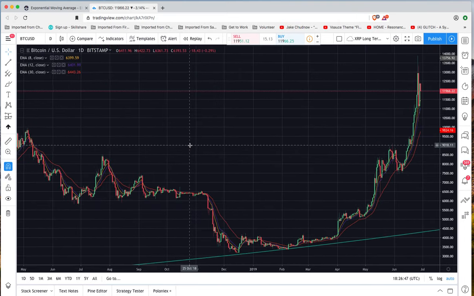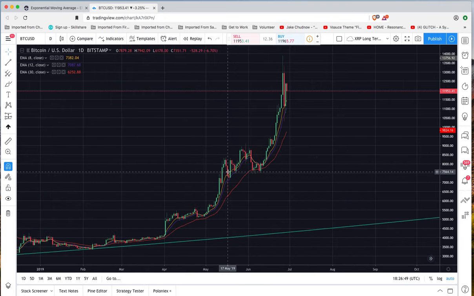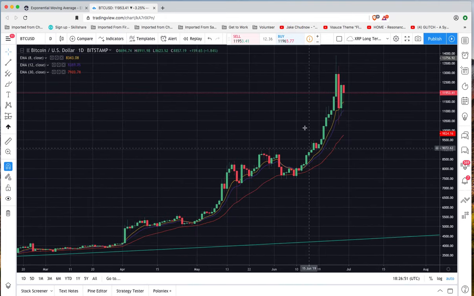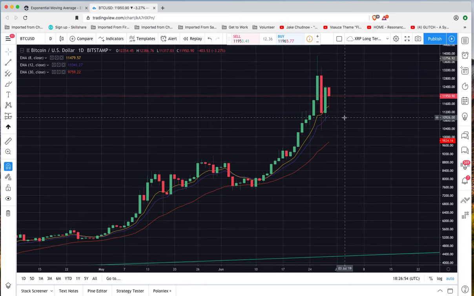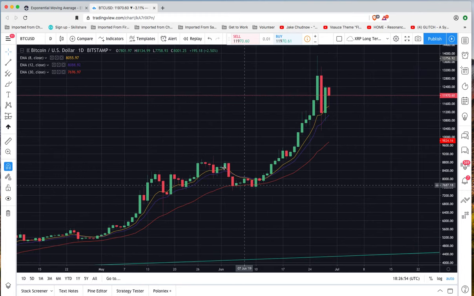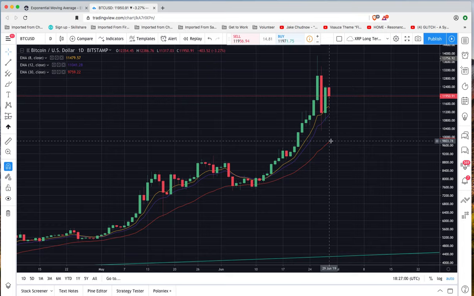And this one goes along pretty well here. As you can see, it kind of touches there, didn't touch here. Makes me kind of wonder, maybe we'll see this 30-day get tested at the 98.